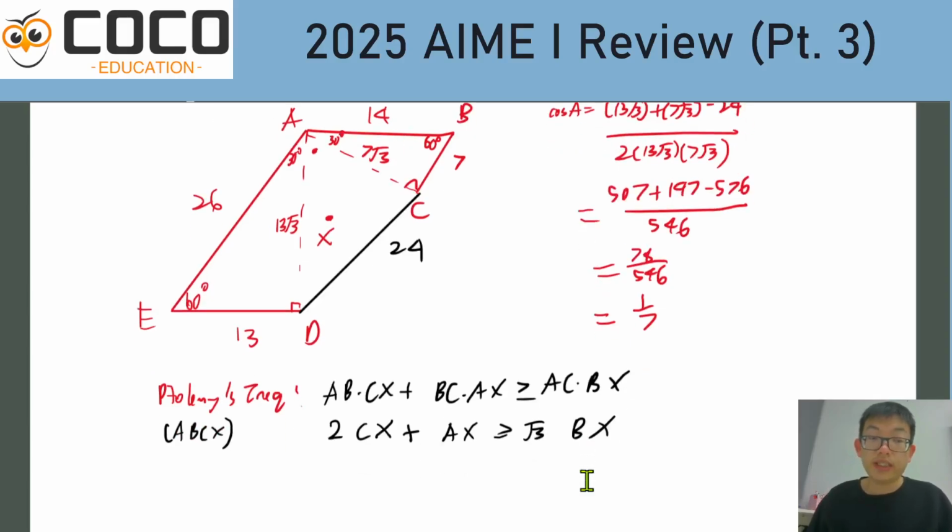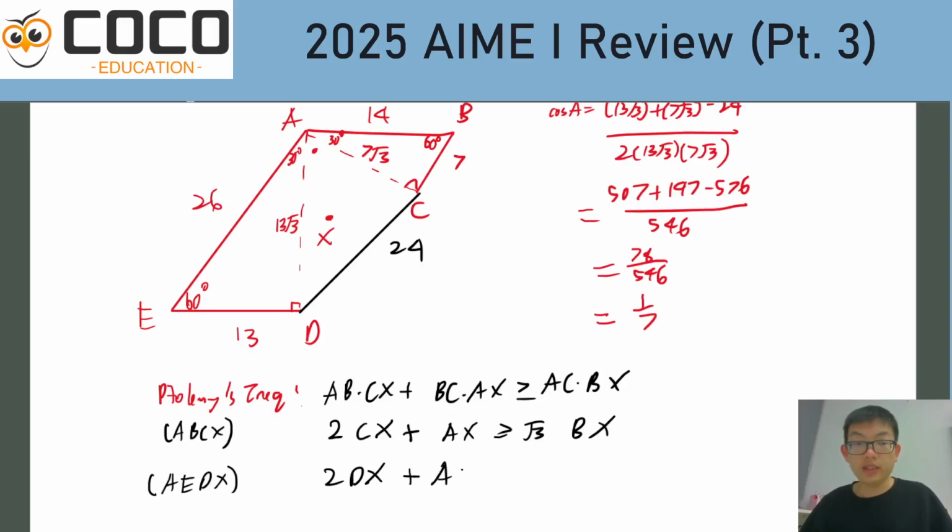Likewise, if I repeat the same thing on AEDX, 2DX plus AX again is bigger than or equal to root 3 EX.